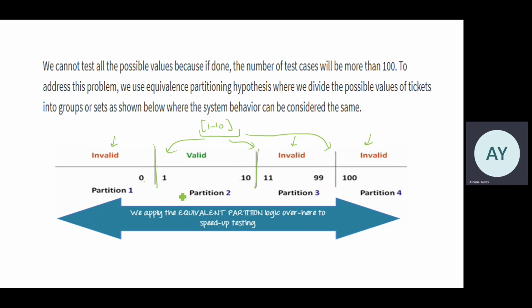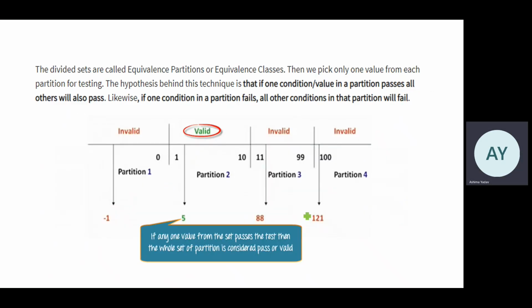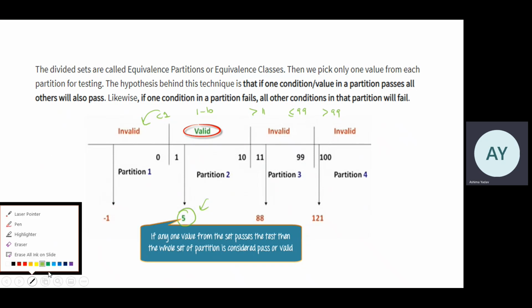What the testers do is take any number which falls between 1 to 10, maybe 5, take any value from this set, and then test your software. So now we have multiple sets: one is less than 1, one is 1 to 10, one is greater than 10 and less than or equal to 99, and next is greater than 99. We have defined all these different sets here.